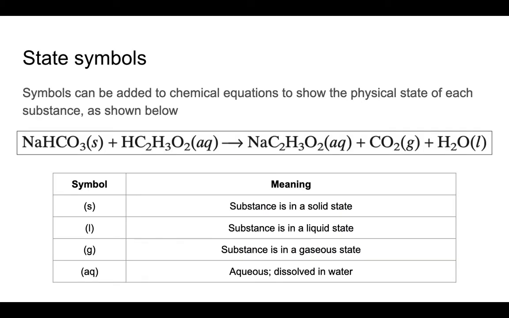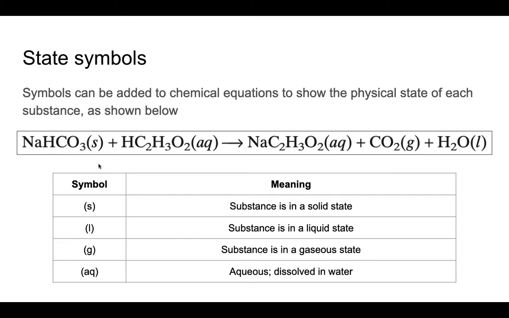And the last two things we're going to talk about are state symbols. So when we start seeing our equations, we're going to start seeing some letters in parentheses after each substance. What that tells us is the physical state of each substance in that equation. So it's how we would expect to see that substance in real life before we ran that equation or after we ran that reaction. So here we've got sodium bicarbonate, and that's a solid.